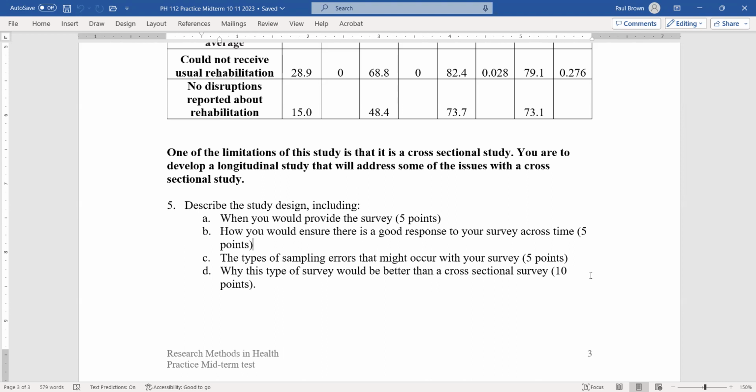But it could also be that people with worse health status get less healthcare. If you just do a cross-sectional study and find there's a relationship between health status and the amount of resources you get, you're going to assume that resources lead to health status, right? But it could also be that health status leads to resources.